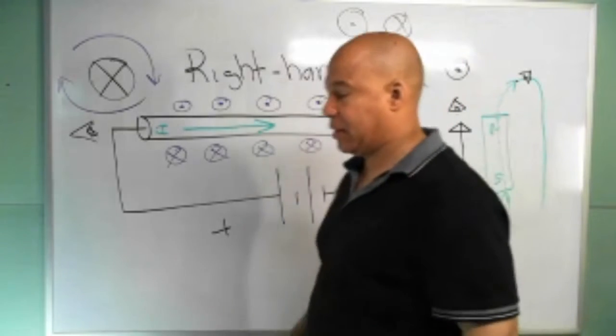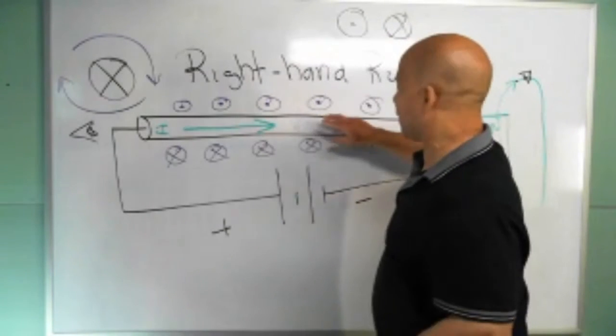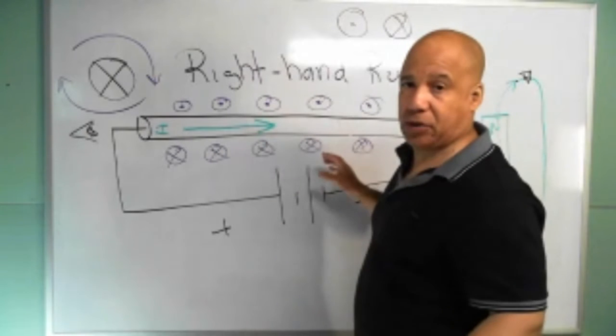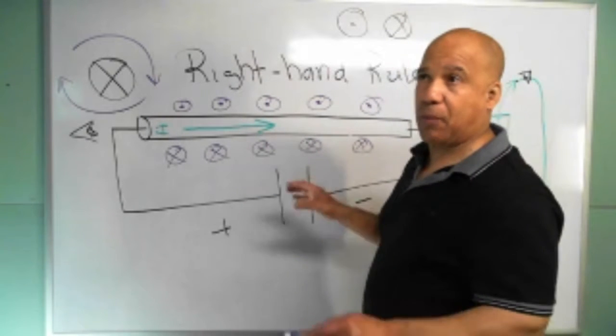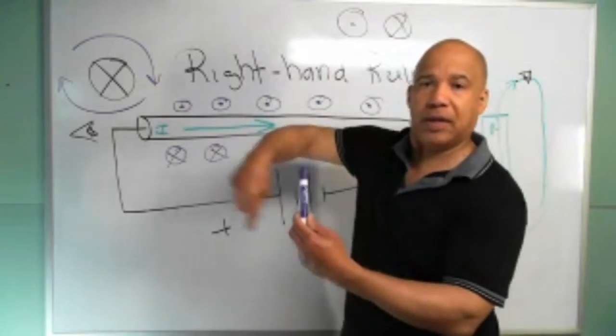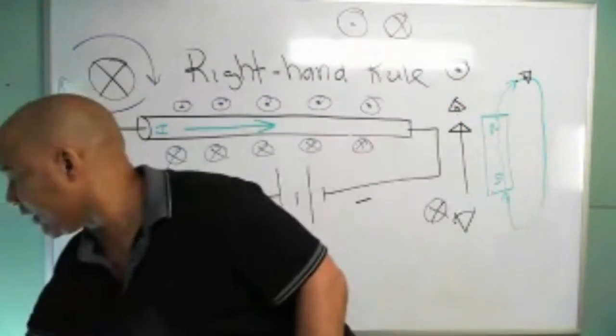Now, let's take this conductor. Often, what they'll do is they won't have a straight conductor when they deal with electromagnetism. They'll take the conductor and they'll wrap it around into a coil. So it'll look like this.